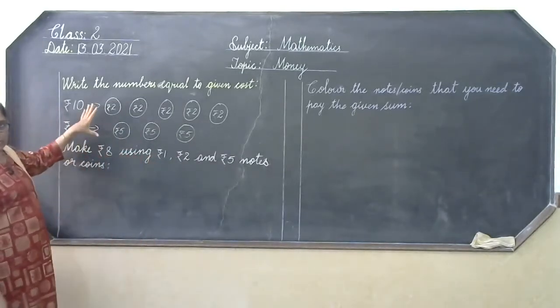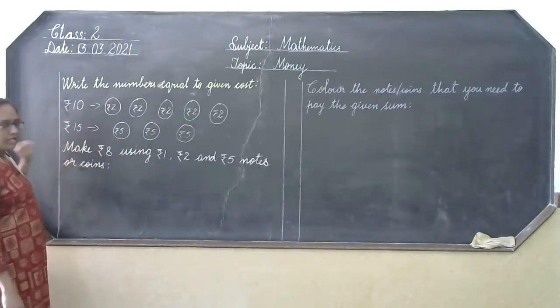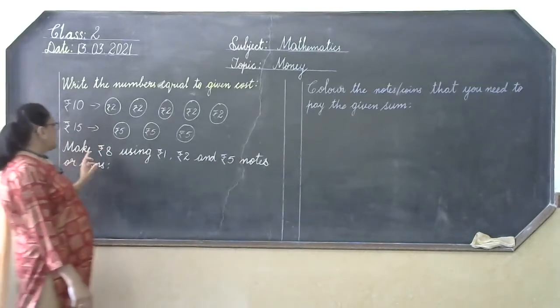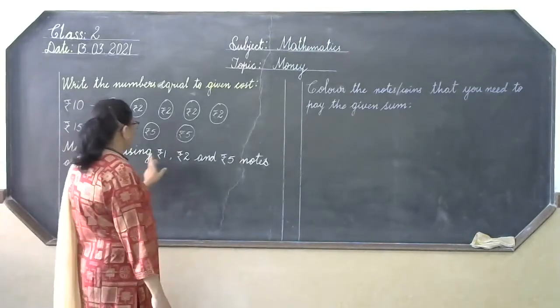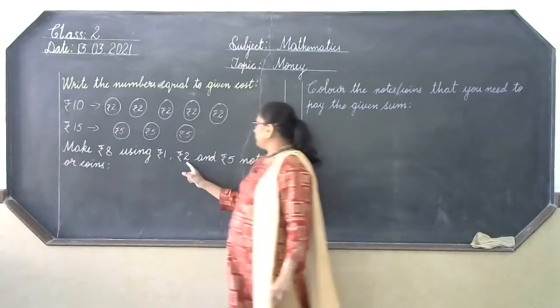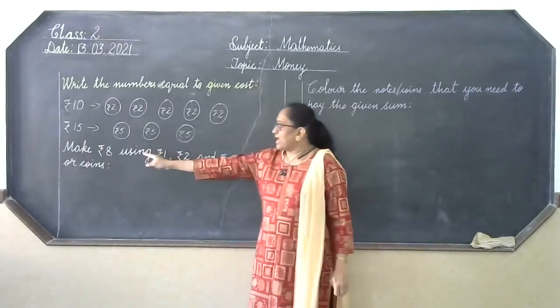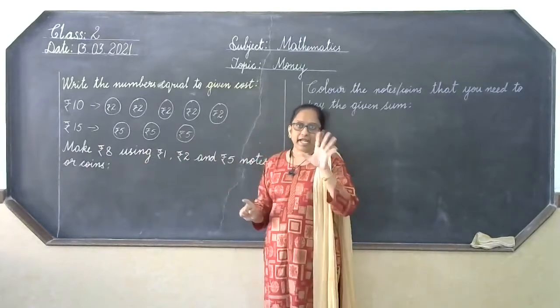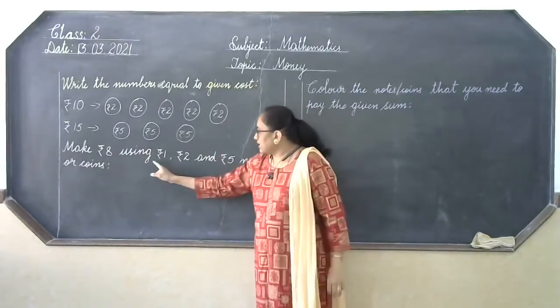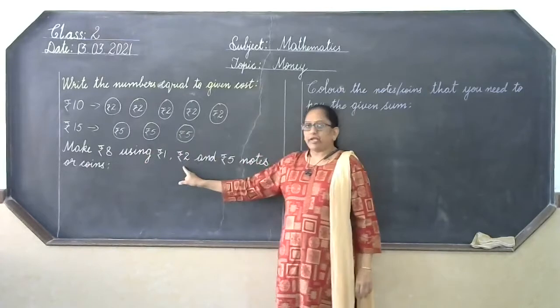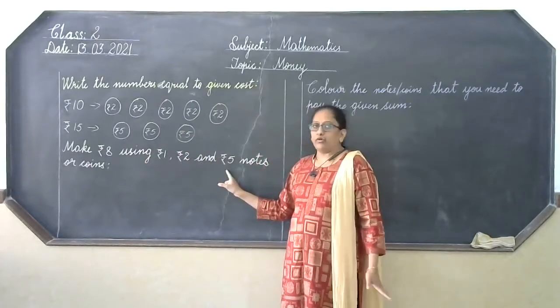This is about one main. The next main is about rupees 8 using rupee 1, rupee 2 and rupee 5 notes or coins. You should make 8 rupees using 1 rupee coin, 2 rupee coin, 5 rupee coin or note.